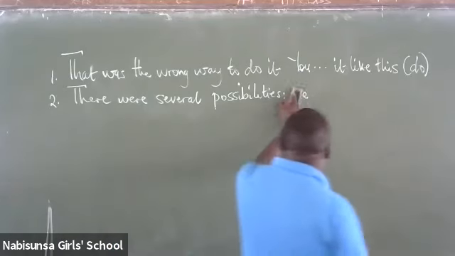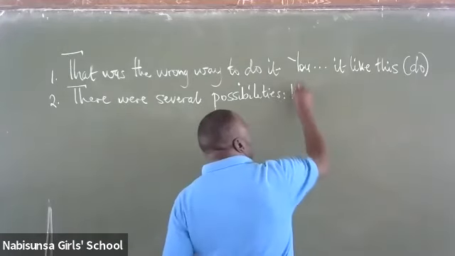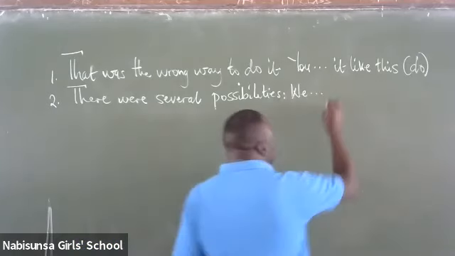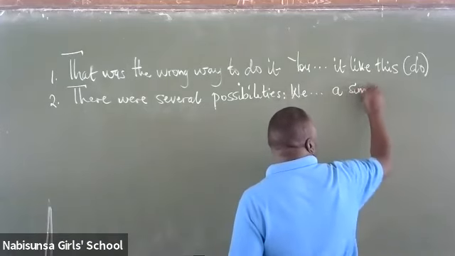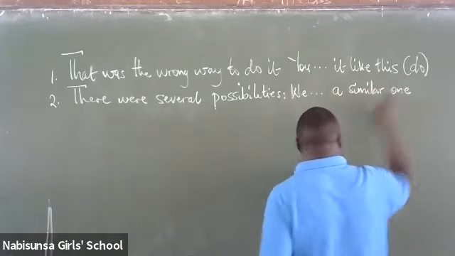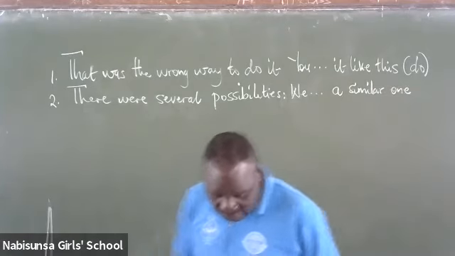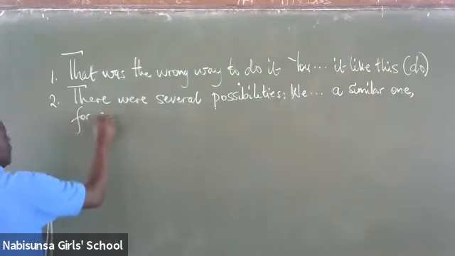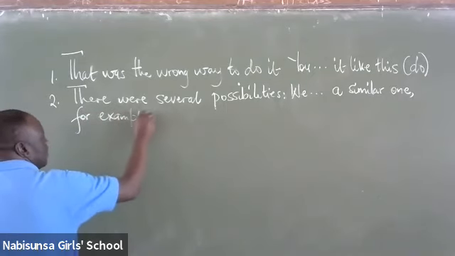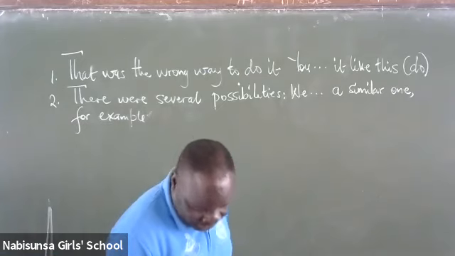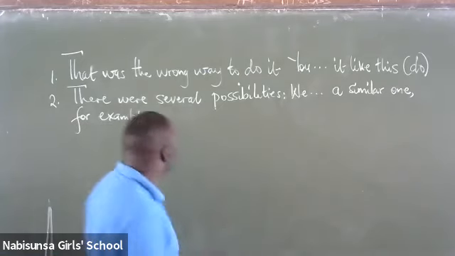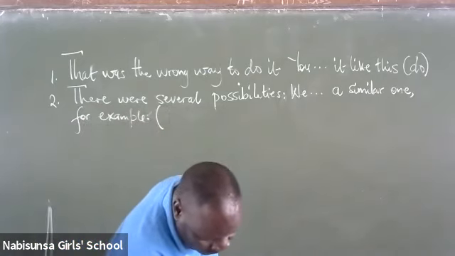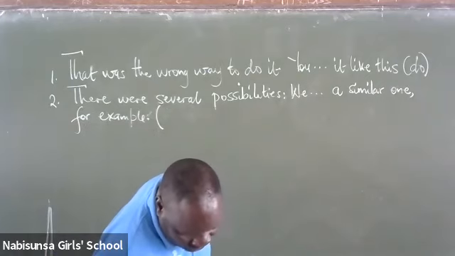This should be a capital W. We dot. A similar one, comma, for example. For example, these are 2 words. Don't write as 1 word. For example, a similar one, full stop, and in brackets we have by.